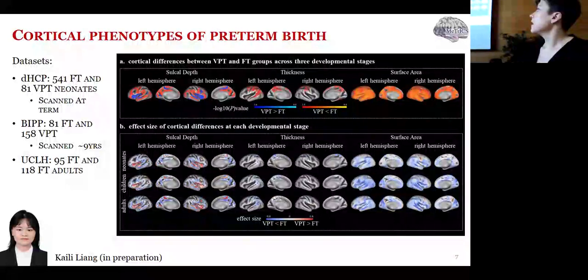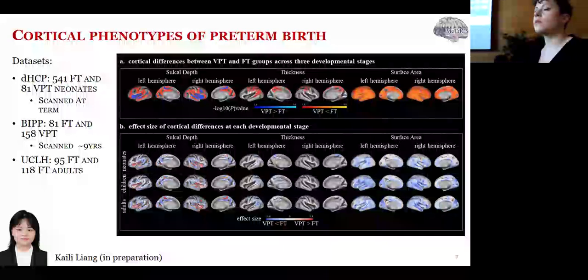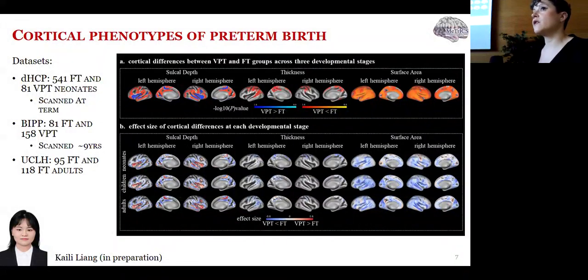And we know that all of these individuals are associated with long-term neurodevelopmental impairment, but it's much more difficult to predict the individual outcome because their neurodevelopmental trajectories are so heterogeneous.